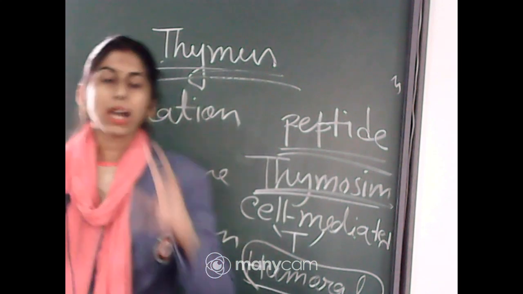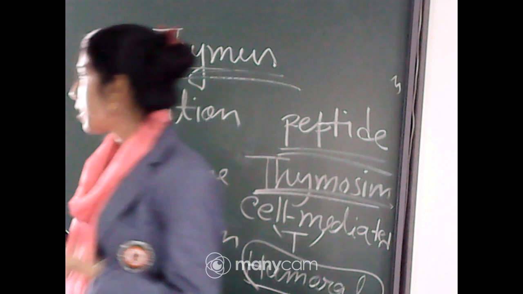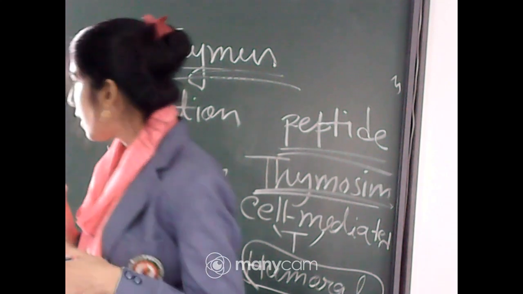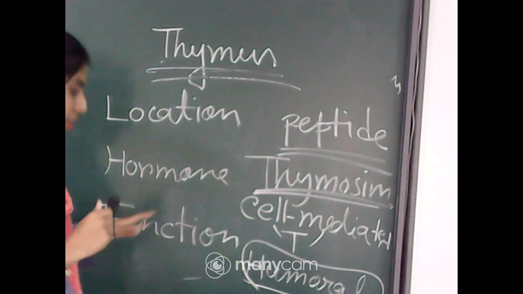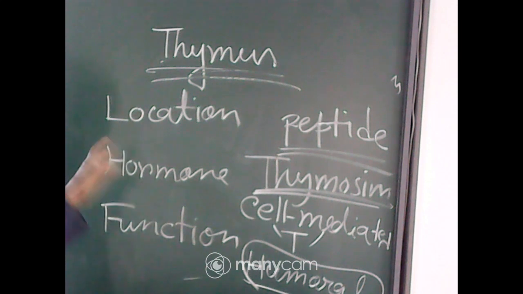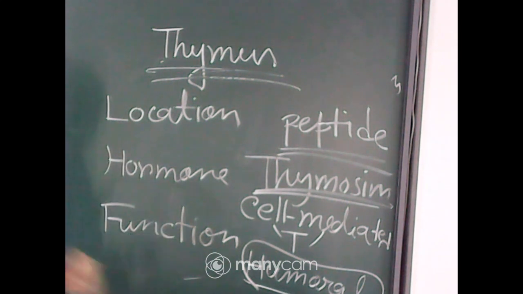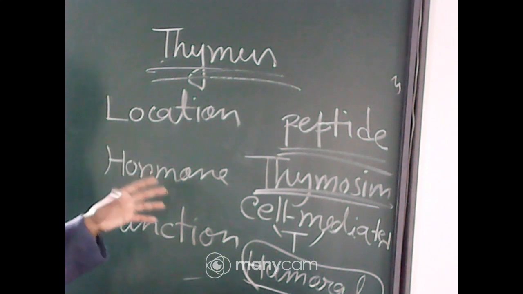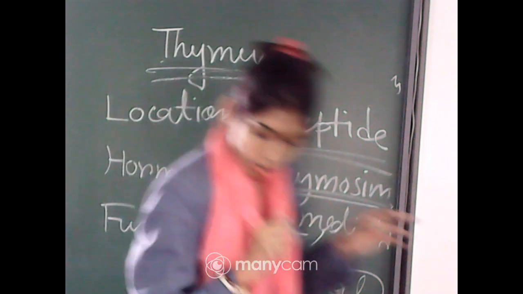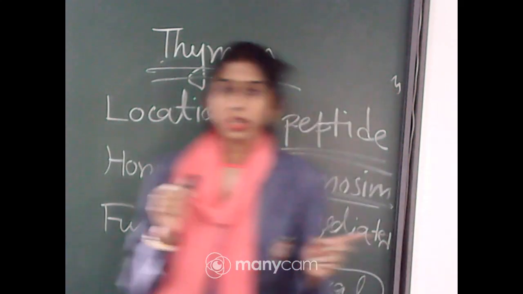That means the production of the hormone thymosin will be very less, and as a result of the decreased production of thymosin, the immune responses of an old person become weak.